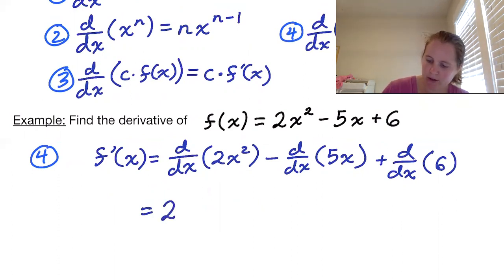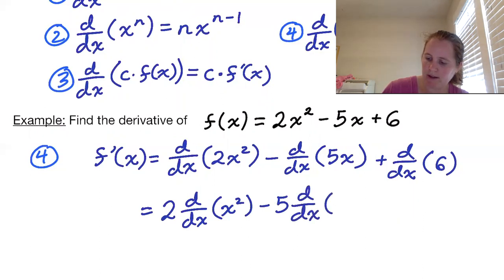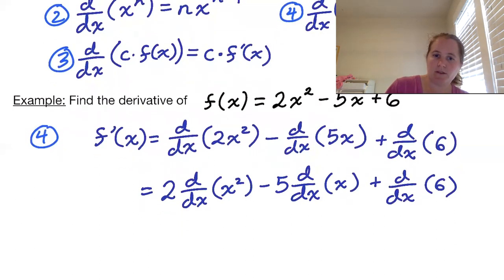So we can take the 2 out front, and then we're taking the derivative of x squared. We can take the 5 out front, and we are simply taking the derivative of x. And then we still have our constant function. So this was using rule 3.